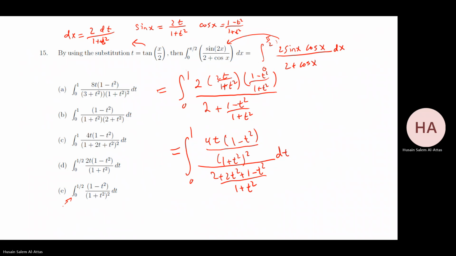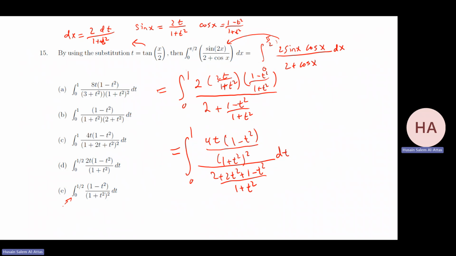It's 2 sine cosine, so I have 2 times sine, which is 2t.